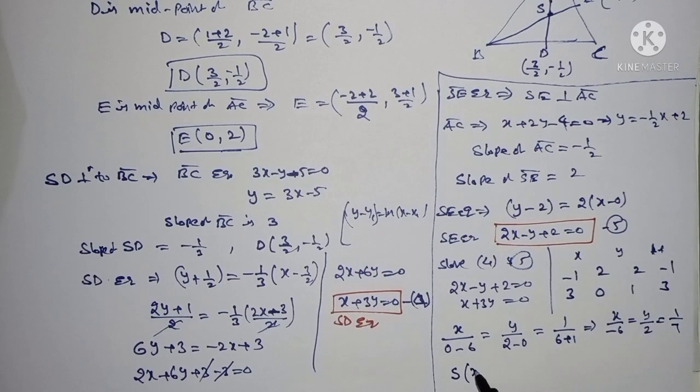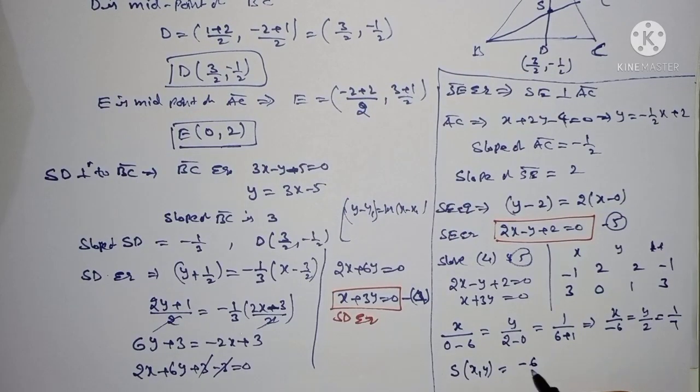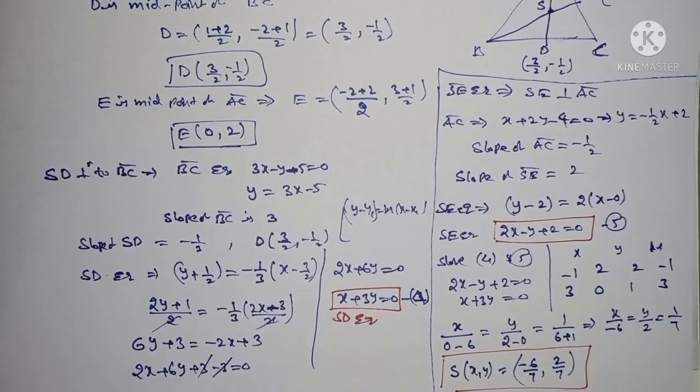Therefore, circumcenter (x, y) is equal to, can write here, minus 6 by 7, 2 by 7. This is finding the circumcenter. If equation is given, point is given, these methods are very important. Okay, thank you.